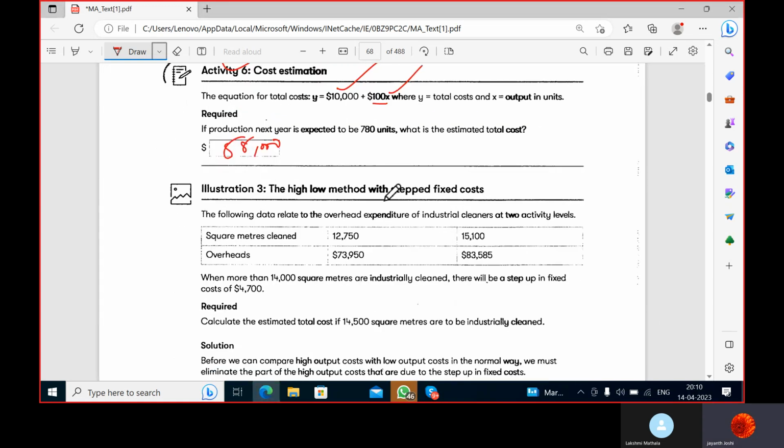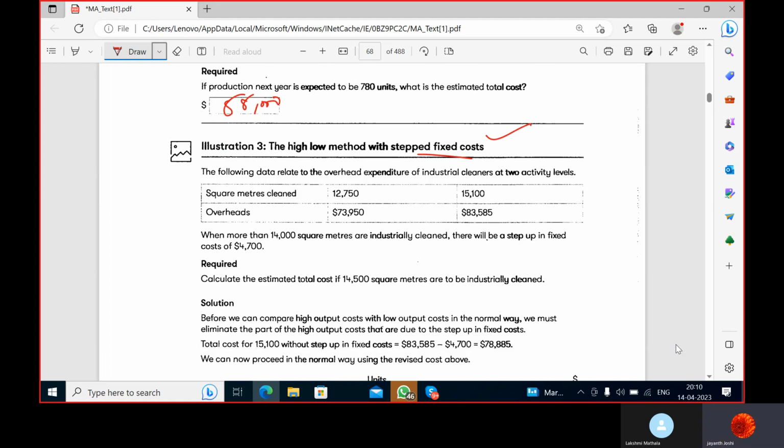The high-low method with stepped fixed costs. The following data relate to the overhead expenditure of industrial cleaners at two activity levels: square meters cleaned and overhead. So this is these many square meters they have cleaned, and this is the overheads they have incurred.